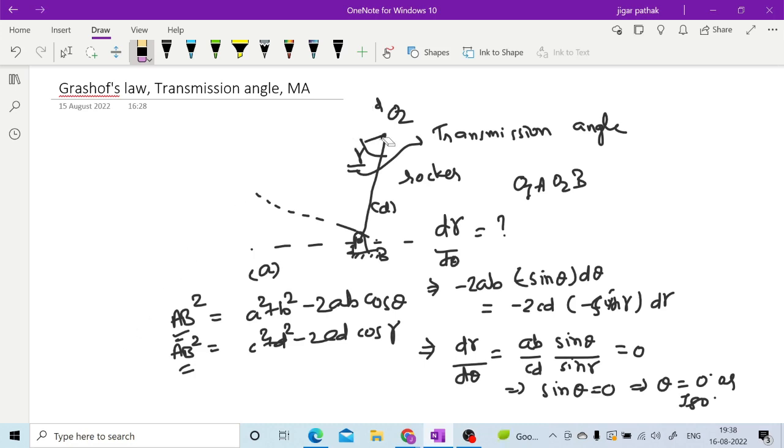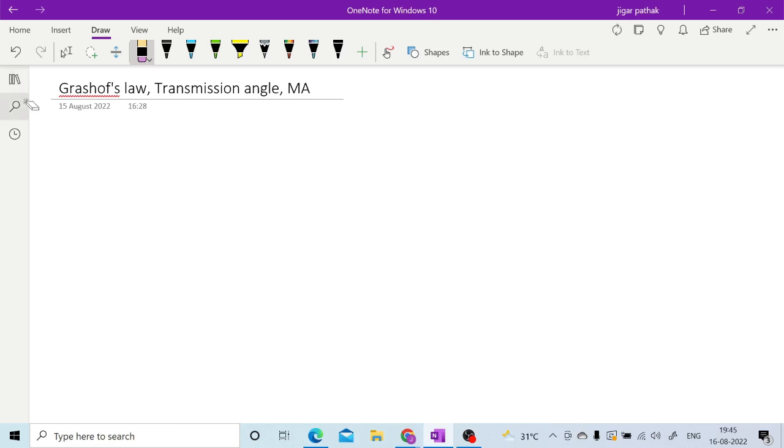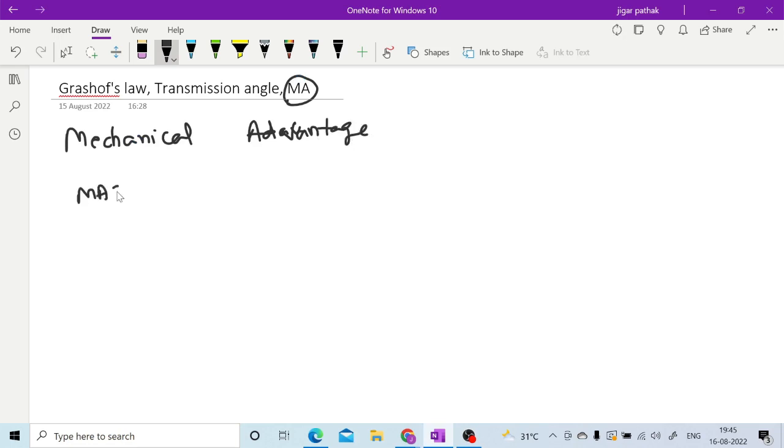So if now we go for that mechanical advantage, that is MA, mechanical advantage is nothing but your force output divided by your force input, or in other words, your power output divided by your power input.